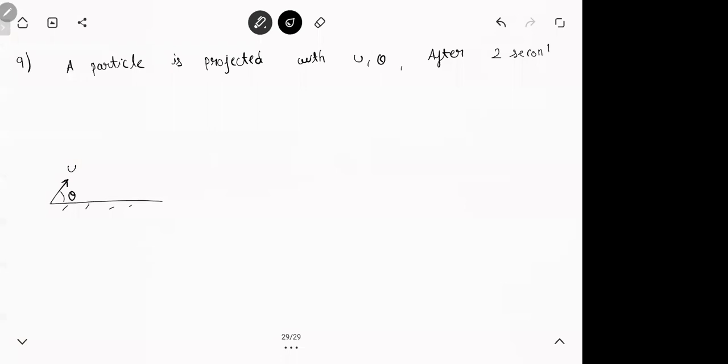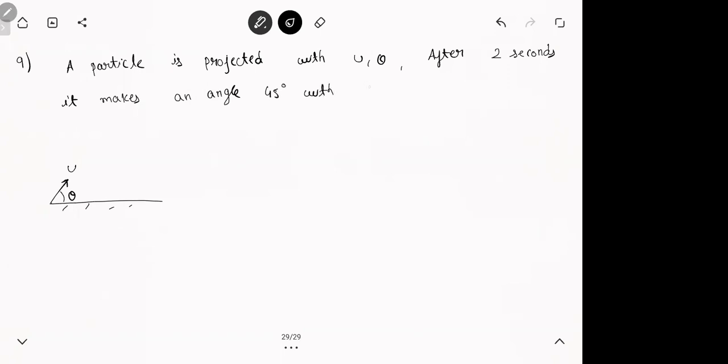Look at this thing. A particle is projected with speed u and theta. After 2 seconds it makes an angle 45 degrees with horizontal.